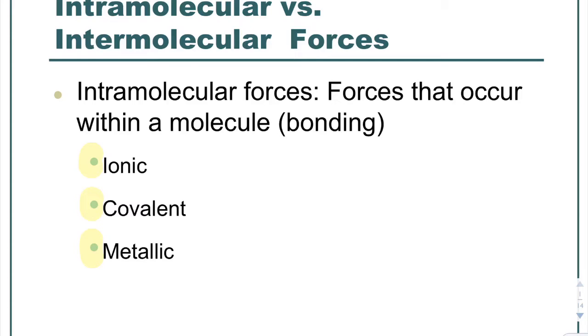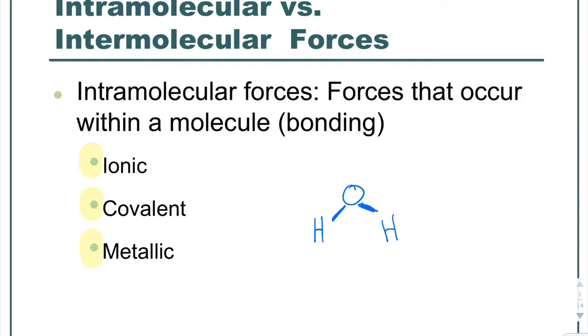So for example, if you have a water molecule, you have an O that is covalently bound to an H and covalently bound to another H. This bond is between the atoms and it is part of the molecule. These are intramolecular forces. Okay, so this will be ionic, covalent, and metallic.